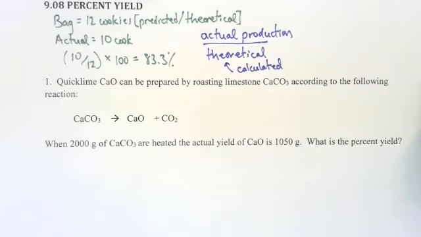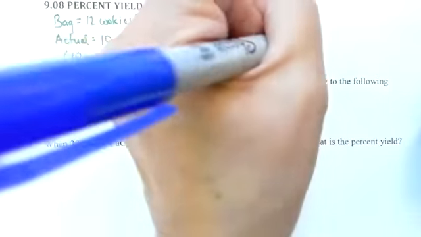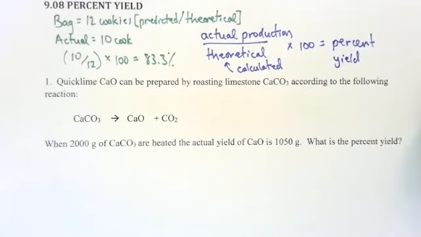If nothing goes wrong, if nothing spills, if nothing burns, if everything is measured out exactly right, this is theoretically what we should get. And we do that when we calculate. If we take that number times 100, that gives us the percent yield. So in a sense, that's all percent yield is. Well, how can we use that in stoichiometry?